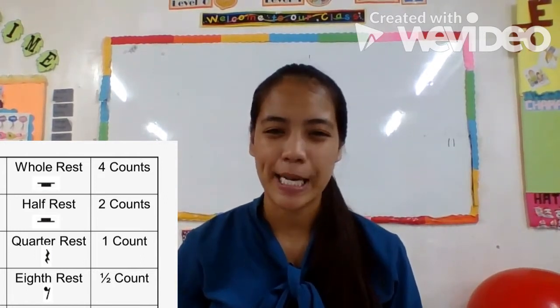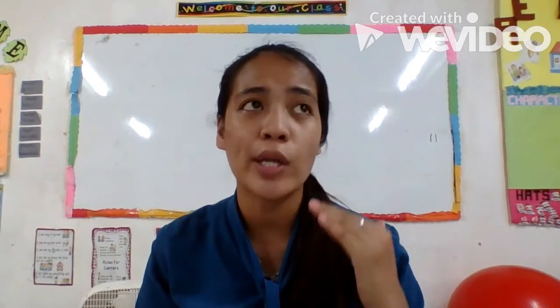Okay, very good. At this time, we are going to have the activity. If in your math there's addition, in music there's also addition. Yes, you heard it right. The activity is that you're going to add, or give the time value of, the combined musical notes and rests.